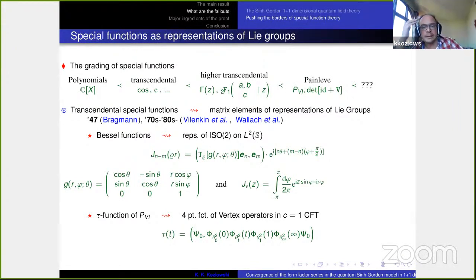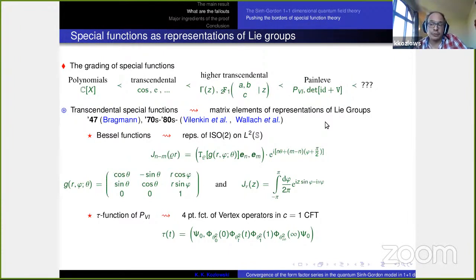Most prominent are the gamma function and the Gauss hypergeometric function. You have many others. Then if you allow yourself to take series where the n-th summand is some n-fold integral, you fall into objects which belong to the so-called Painlevé class. The most prominent example is the Painlevé transcendent.